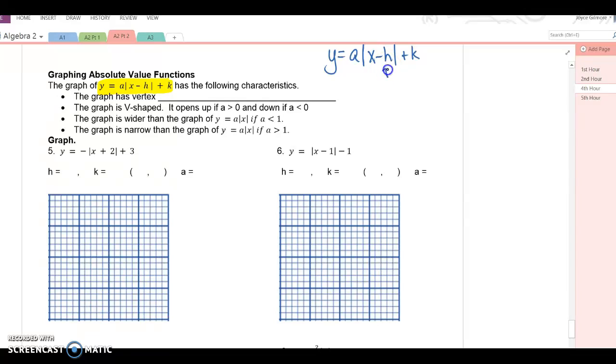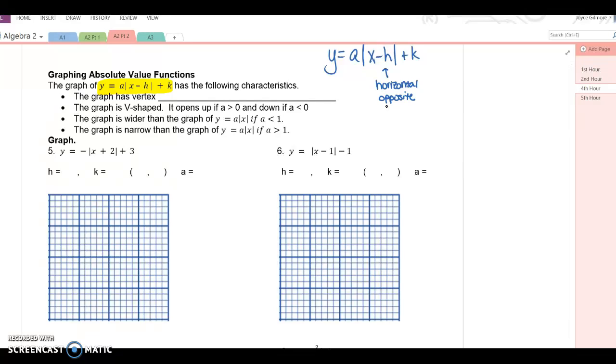Remember that h controls the horizontal movement. And if you remember, it's backwards or opposite. The reason it's opposite is because in this formula, it says minus h.